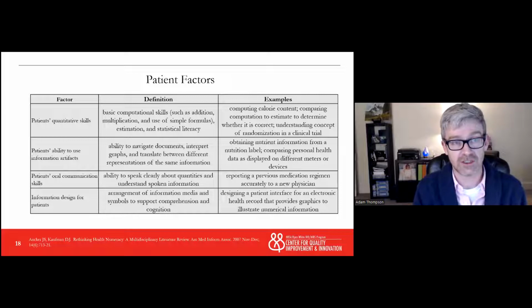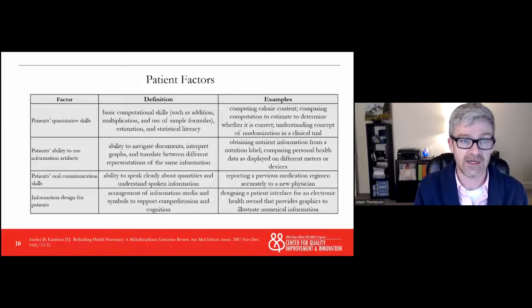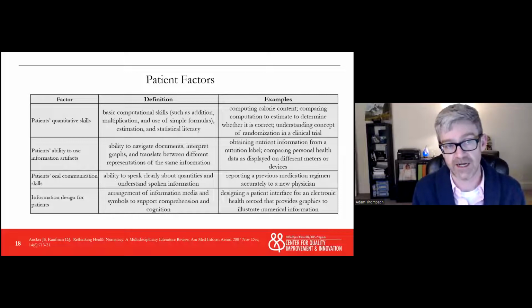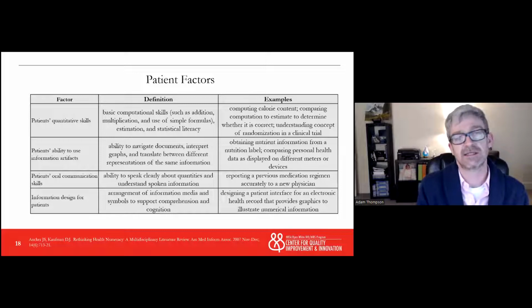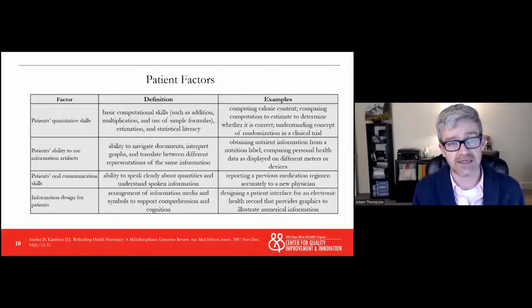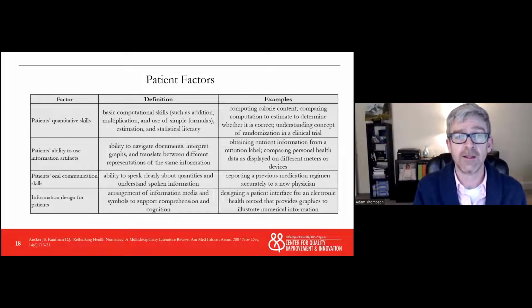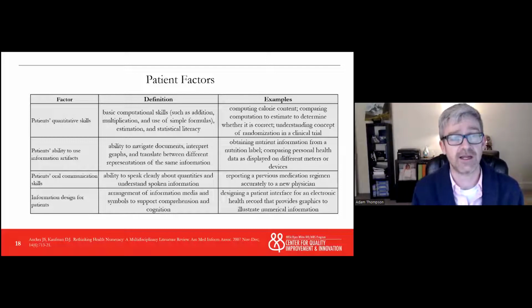You could also be looking at how you evaluate your tools and resources that you create that have numerical information by testing that with patients who have to understand it. Putting those graphical representations in front of people, focus groups, key informant interviews, right? What does this information say to you? Making sure that the information design that you probably worked really hard on is accessible and appropriate to the people that you designed it for, right?